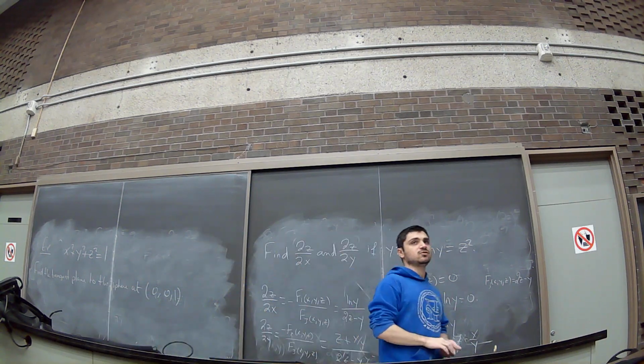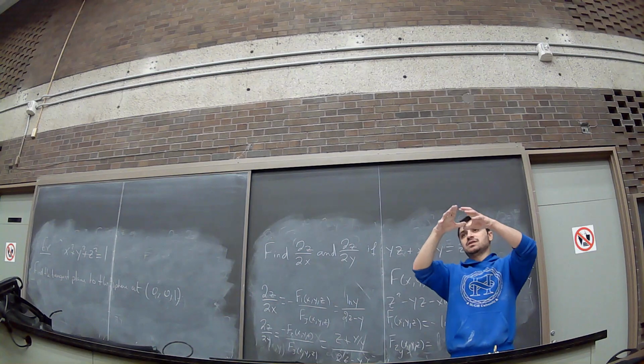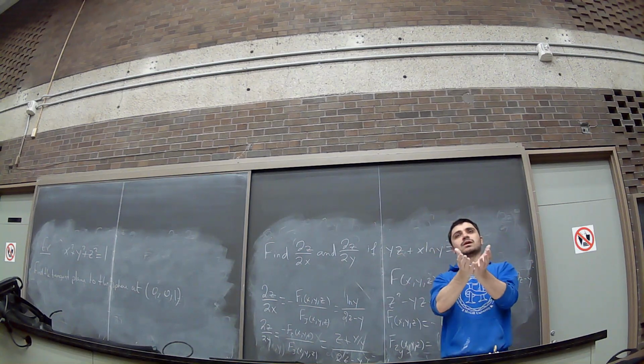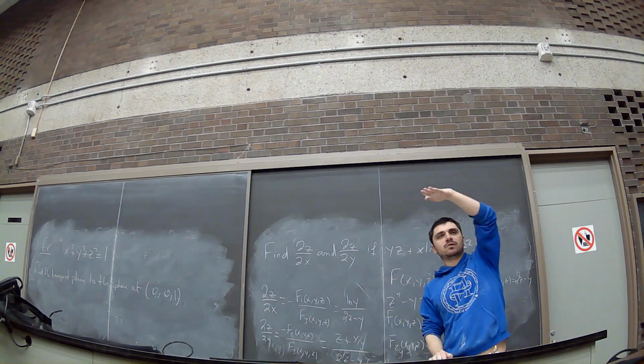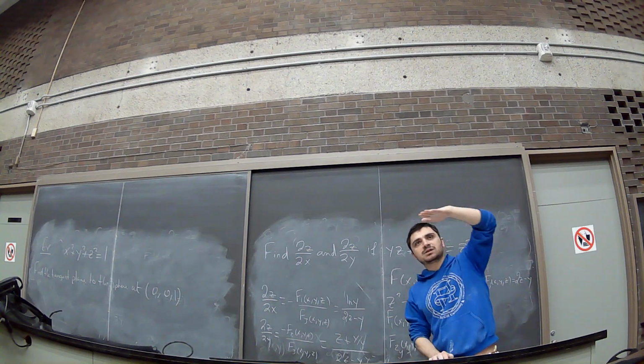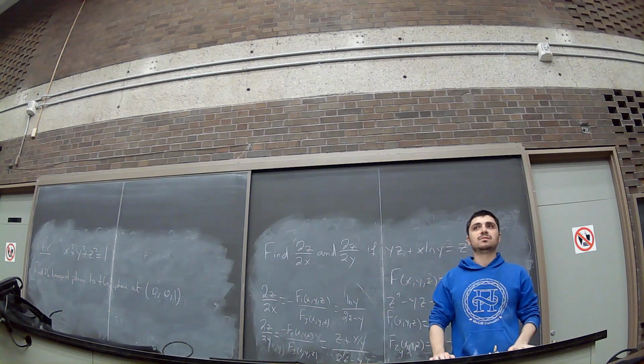What do you expect the answer to be? I have a sphere, and (0, 0, 1) is the upper vertex. What do you expect the tangent plane to be?